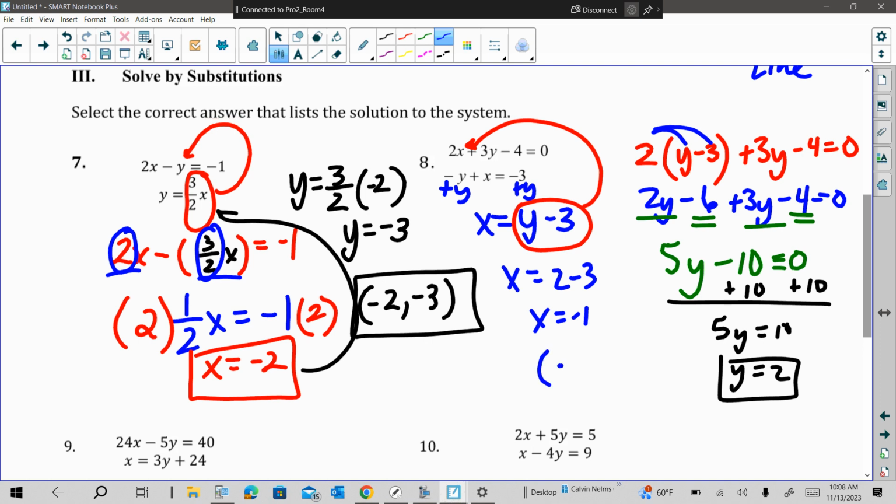So the solution is -1, 2. So either the variable will already be isolated, or you're going to pick which variable to isolate, and then you are going to solve using substitution.